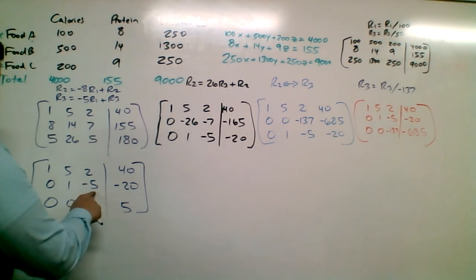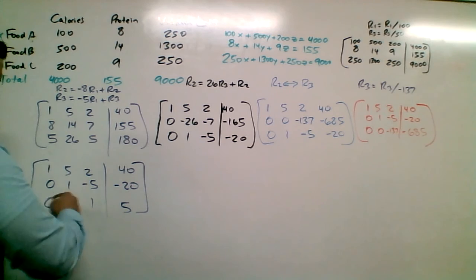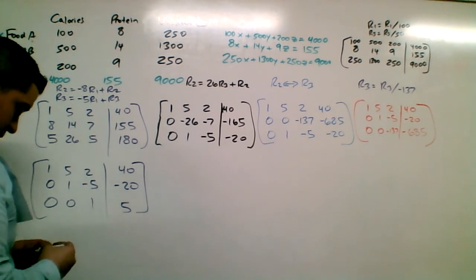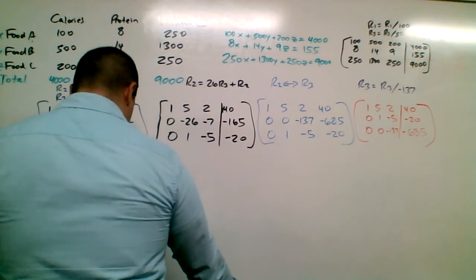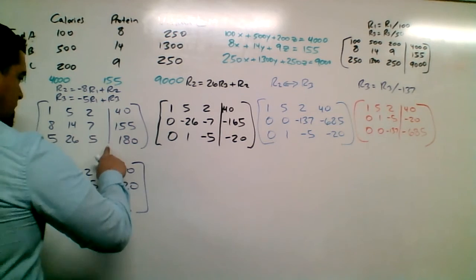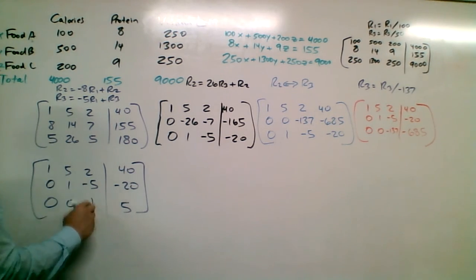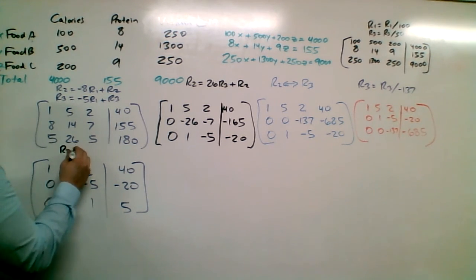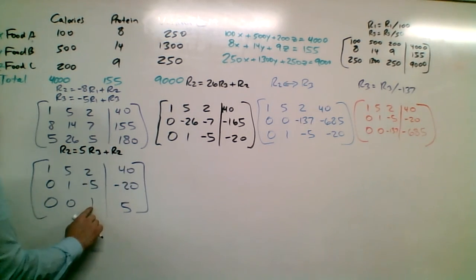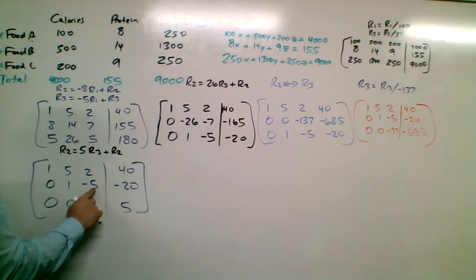Okay, so now I got my diagonal 1, zeros below. I'm going to work on getting zeros above my final one. So I'm going to do row 2 equals 5 times row 3 plus row 2. And then that'll be 5 times 1 plus negative 5, that's 0 right there.